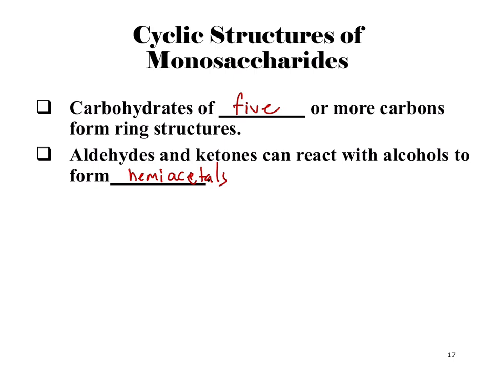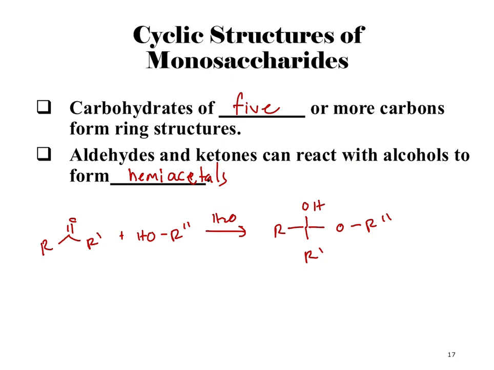If you have a ketone or an aldehyde, this will react with an alcohol, usually in the presence of water, to generate this structure, which is called a hemiacetal. Or this would be called a full acetal, but this is a hemiacetal because we have one side, an ether that is next to a hydroxyl group.